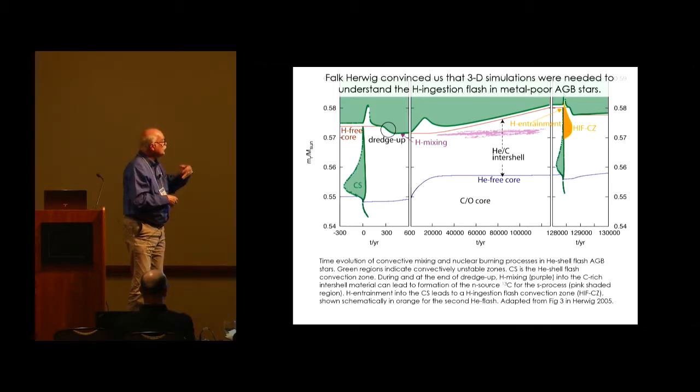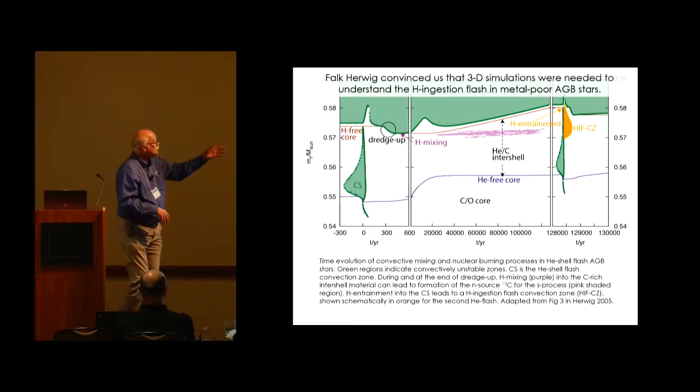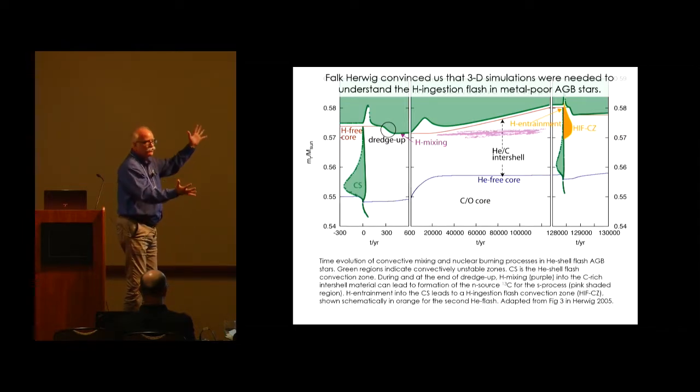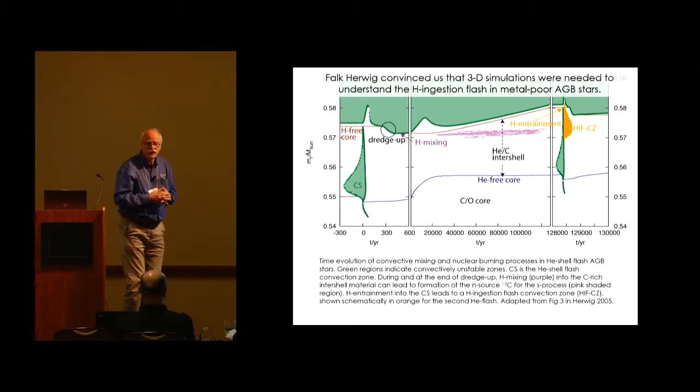And so the helium ignites suddenly, sets up a convection zone, which you can see as the shaded region, and the convection zone grows over a period of maybe a couple of years.